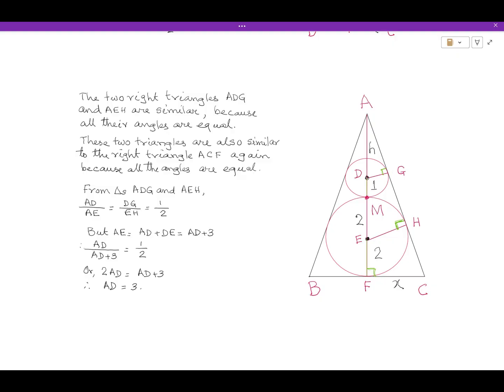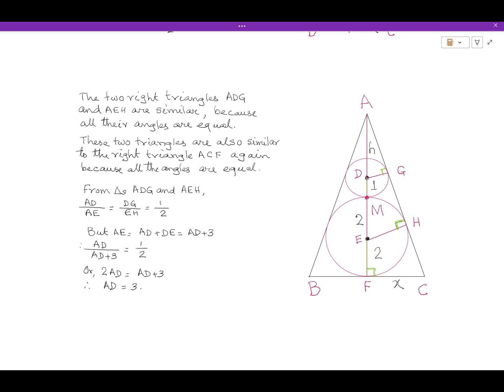These two triangles, ADG and AEH, are also similar to the right triangle ACF, that is this triangle. Why? Again, because all the angles are equal: one angle is 90 degrees here and here also, and this angle is common for all the three triangles.